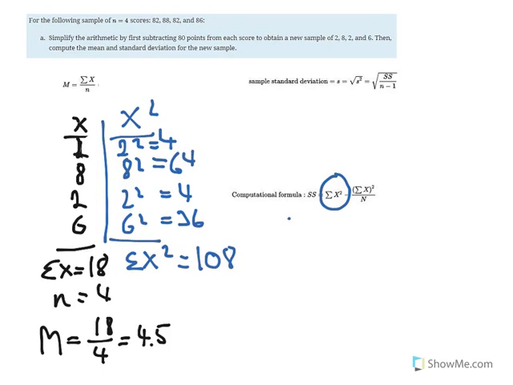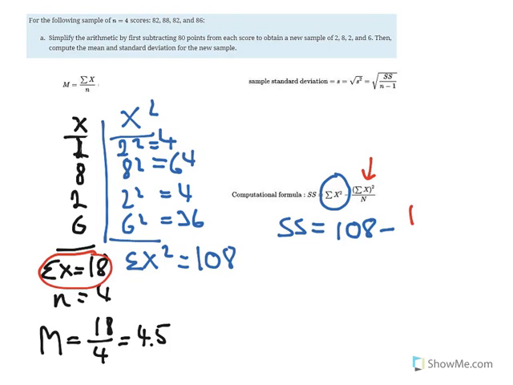Now we just plug it into this formula in order to get the sum of squares. So that's 108 minus the sum of x we already got right here, right? The sum of x.